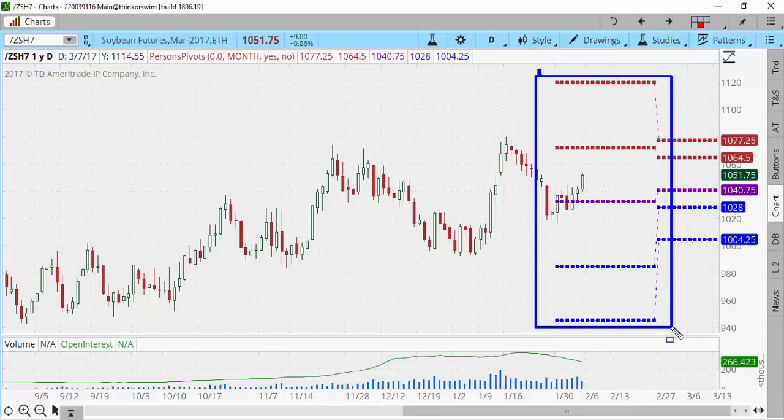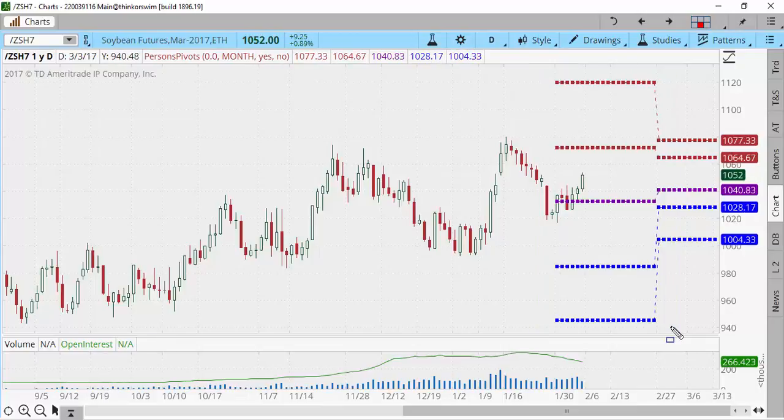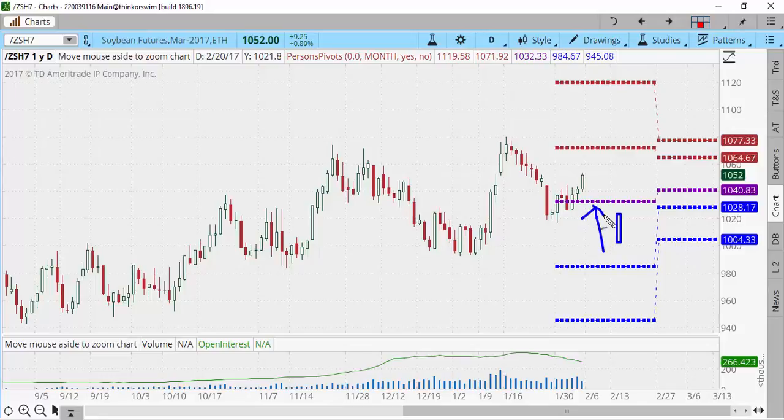All right, so this is the pivot point. This is R1 resistance 1, this is R2 resistance 2, this is S1 support 1, this is S2 support 2.